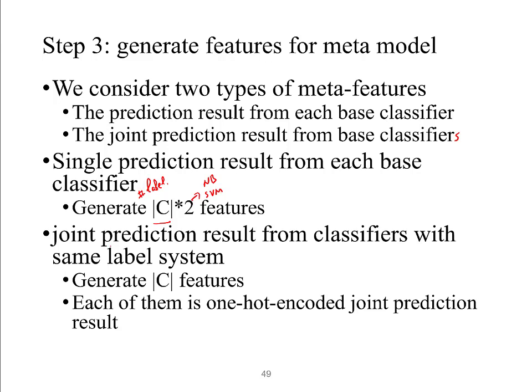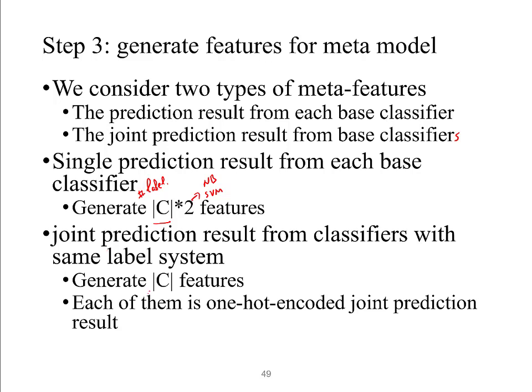And for the joint prediction results, we consider the prediction results from classifiers with the same label system. In this case, we concatenate the prediction result from the naive Bayes classifier and the SVM classifier to form a new meta feature.